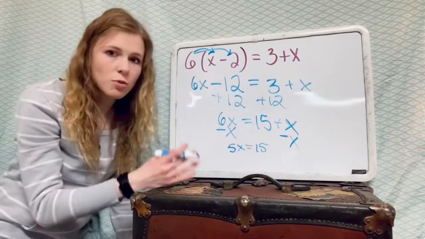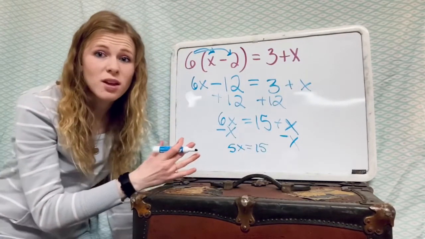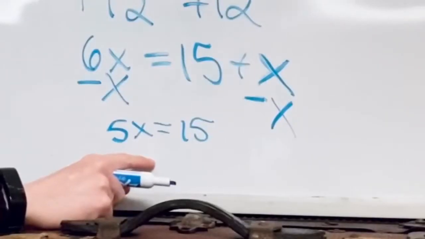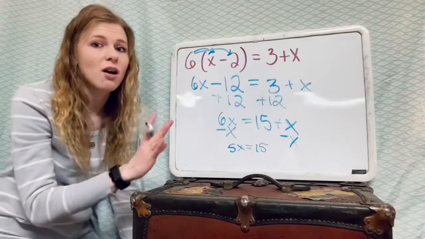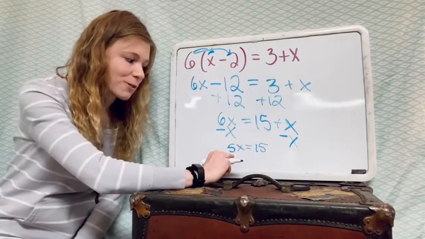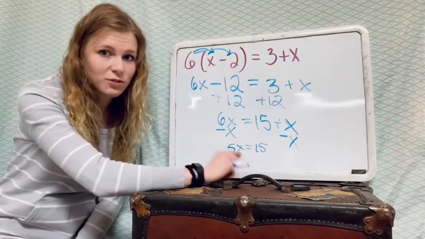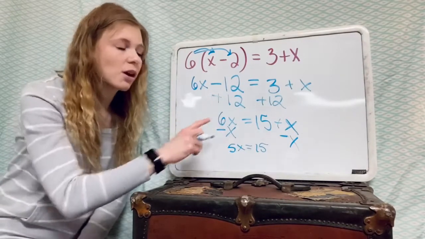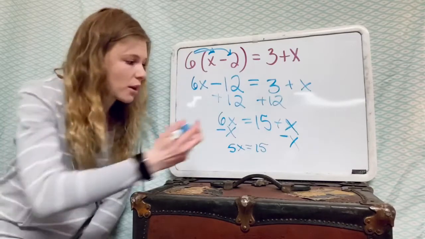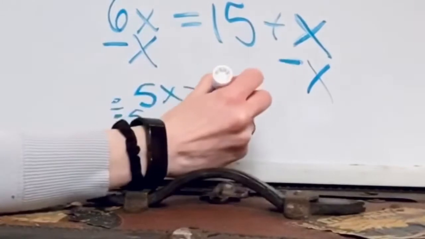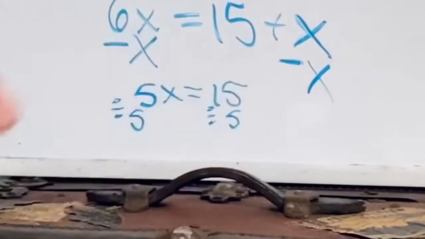Now in the example before, we were done when we got to this point, but now we're not because it's 5x equals 15. I need the variable to be all by itself. So now I know that this is 5 times x equals 15. So what I'm going to do, just like I was doing up here, is use the opposite operation, and I'm going to divide by 5 to get x all by itself.